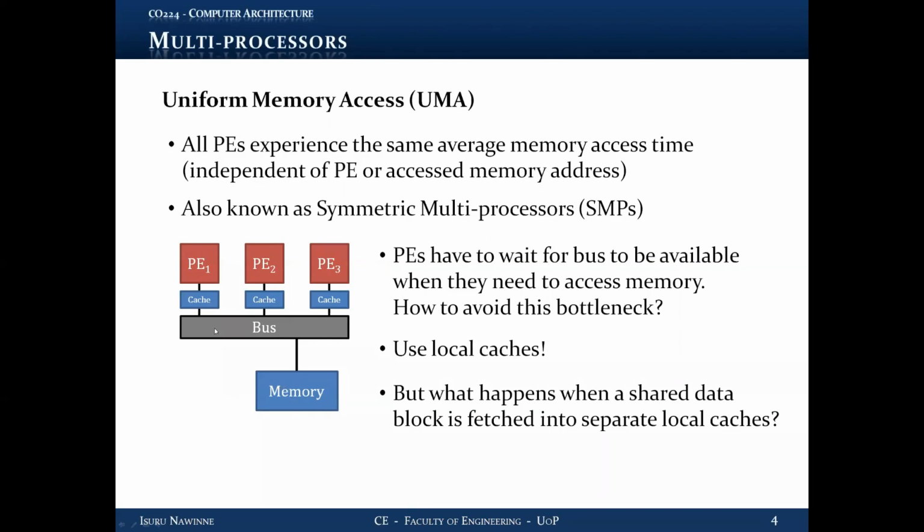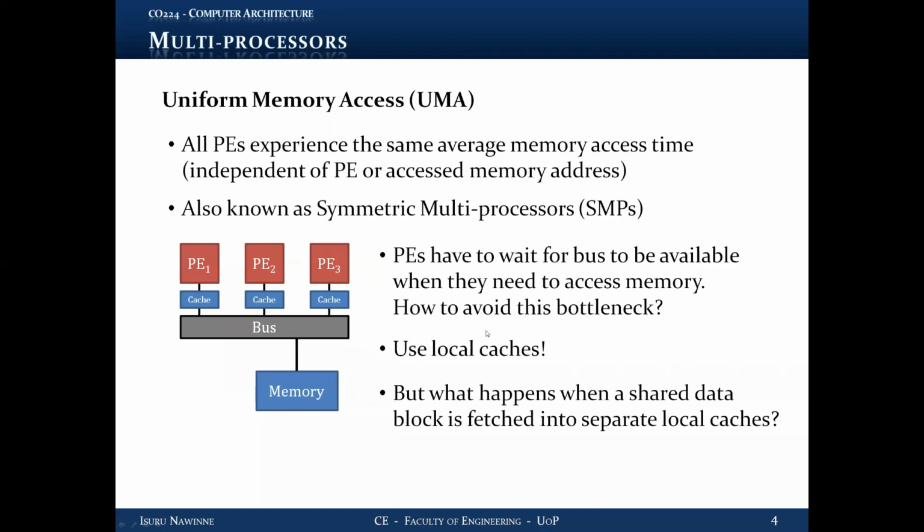But if the same block is already in another cache, that cache has old data, stale data, right? Not the most up-to-date version of that particular piece of data. So when that processing element tries to read the data, it will access the old data, and it will not know any better that there has already been an update to the same data block.